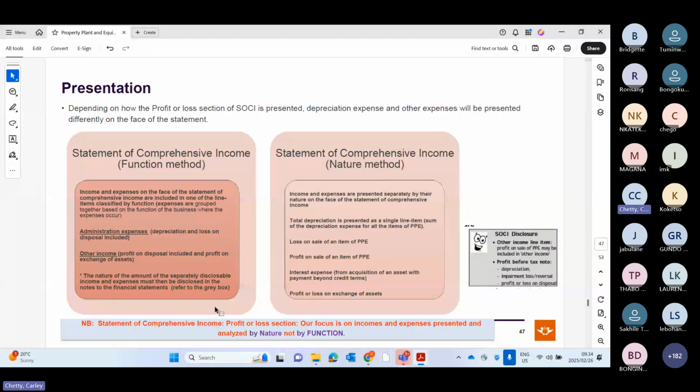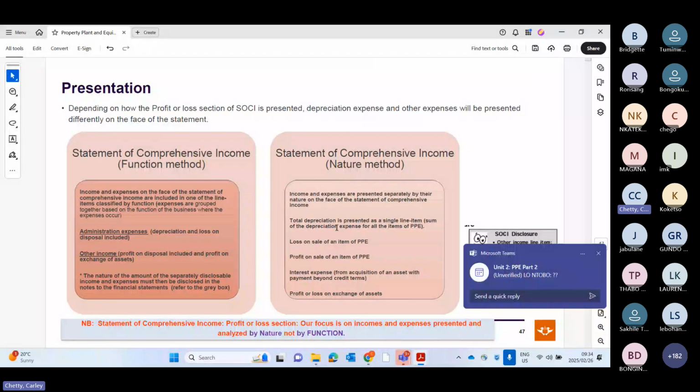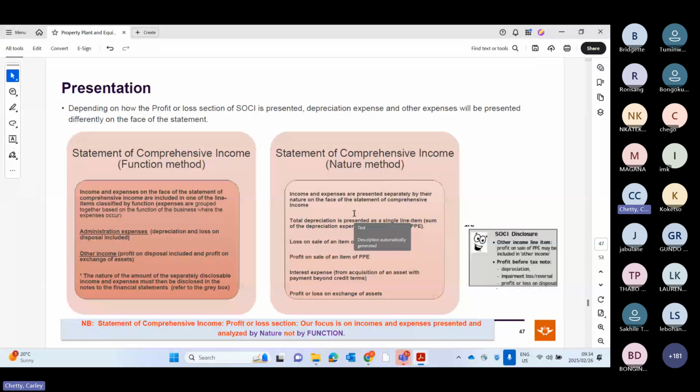Then if we use the statement of comprehensive income by nature, here income and expenses are presented separately by their nature on the face of the statement. Usually we follow the nature method, where we show the depreciation and we show the loss on sale of an item of PPE.